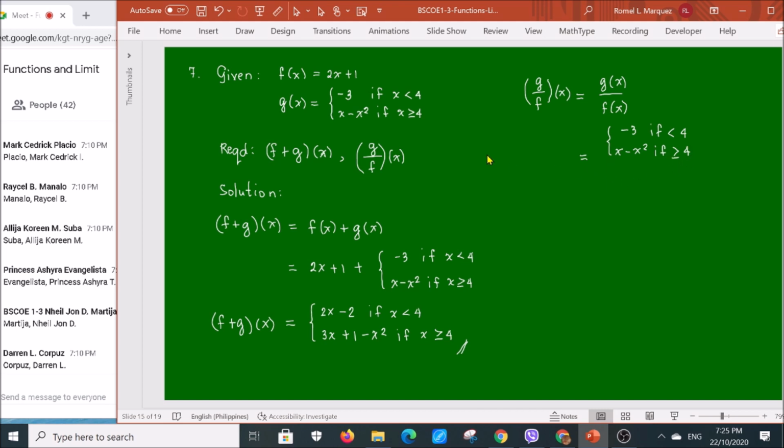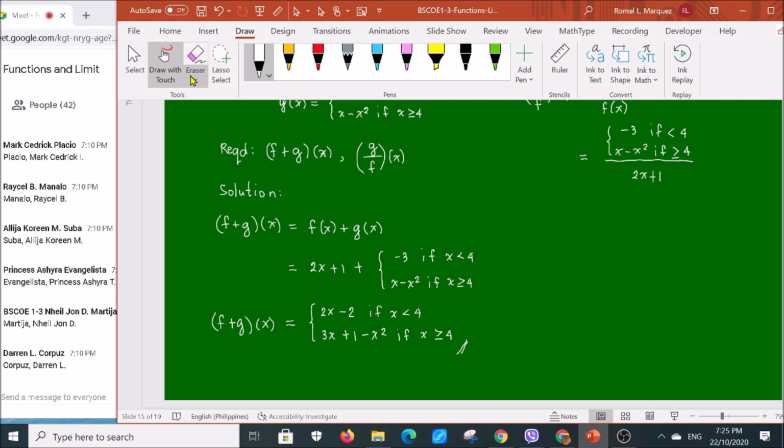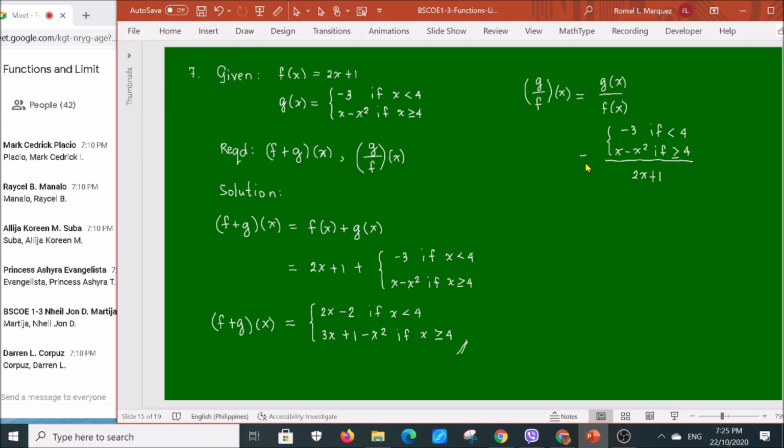Now, we are going to divide this by f of x. But what is f of x? That is 2x plus 1. So we now have, what's the result?